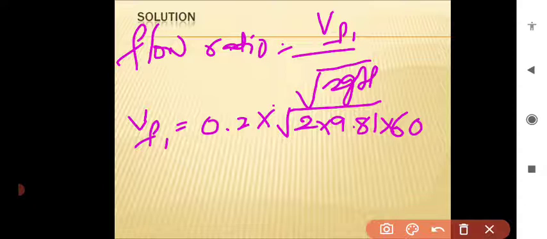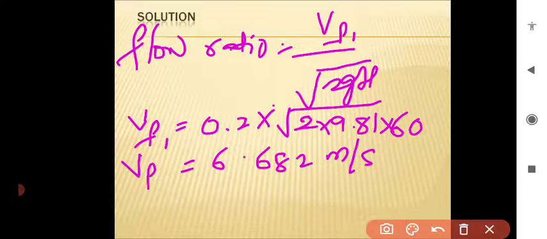So if you calculate it, you will get the answer of Vf1. So that is equal to 6.682 meter per second. This is the velocity of the flow. This is constant. Velocity of the flow is constant, Vf1.